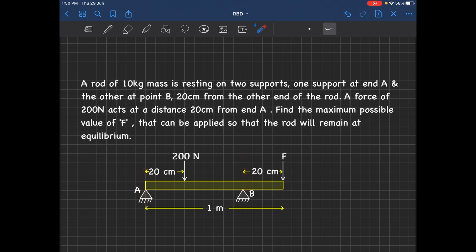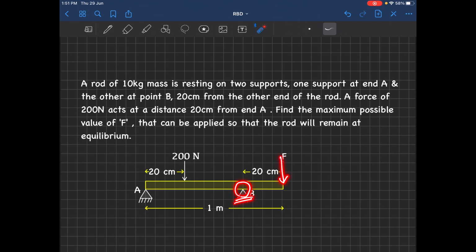But if we write the torque equation, and if we visualize the system here, look, if we apply too much force at this right end, F, then the rod will start rotating about point B, because point B will act as a hinge.